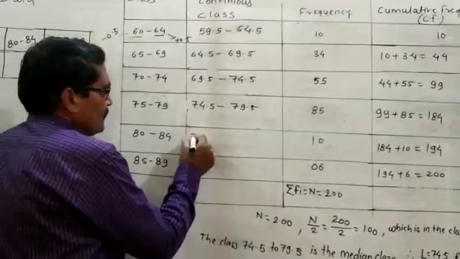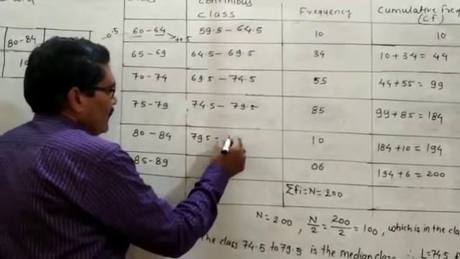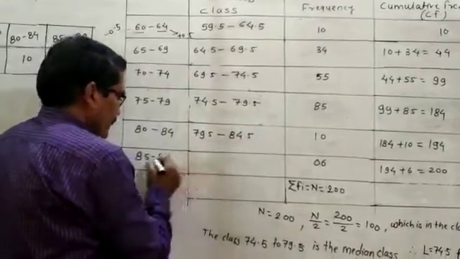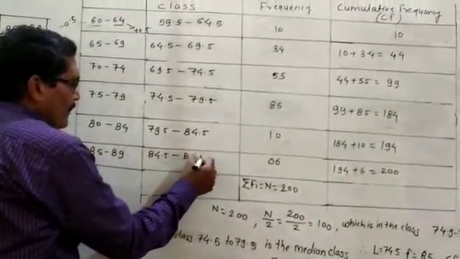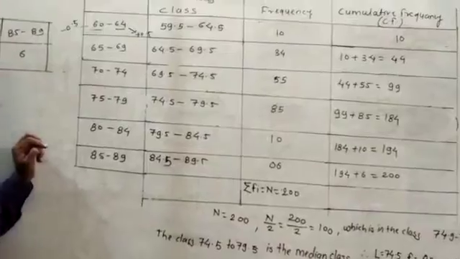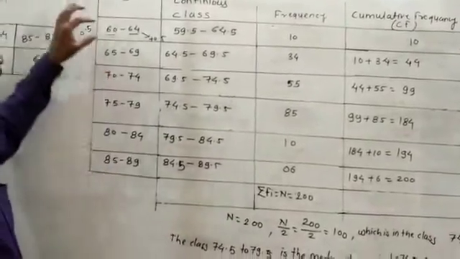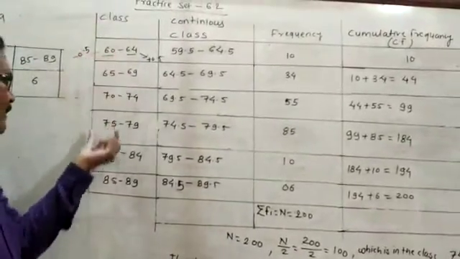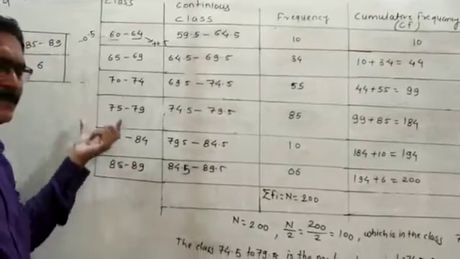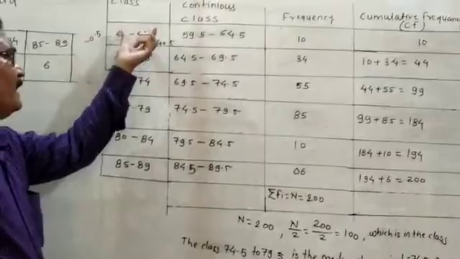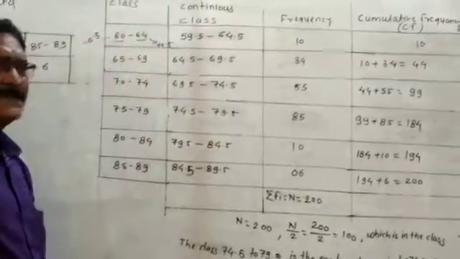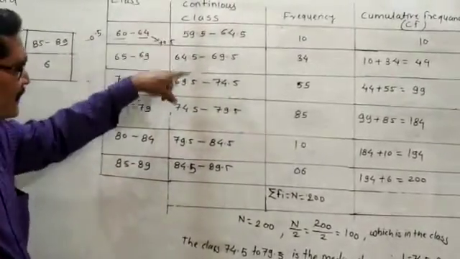This becomes 79.5 to 84.5 and this becomes 84.5 to 89.5. To make the class continuous, again I will explain. From each and every lower limit you have to subtract 0.5 and in the upper limit you have to add 0.5. So this is the continuous class.